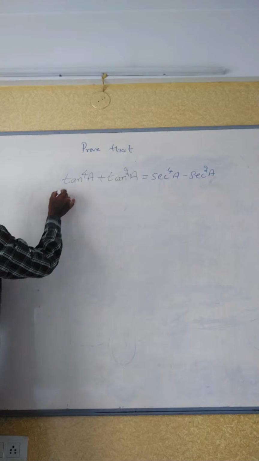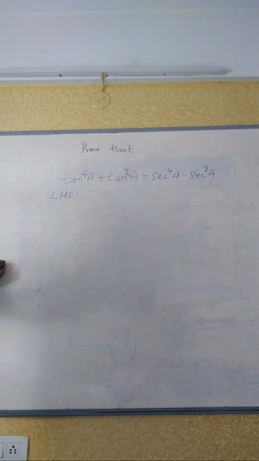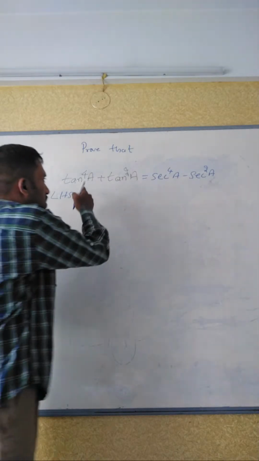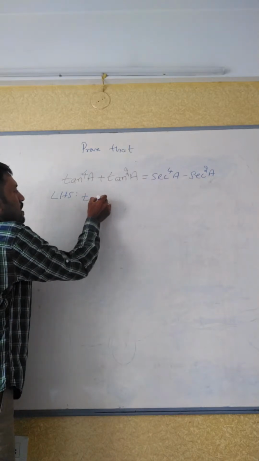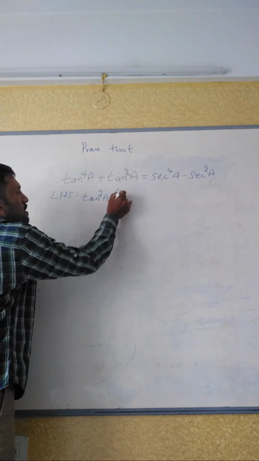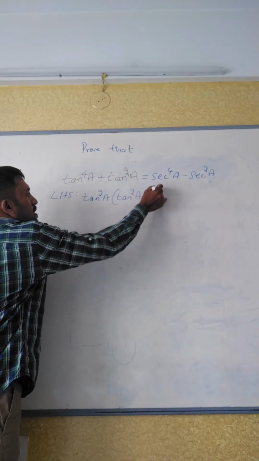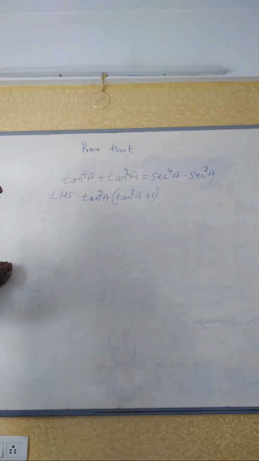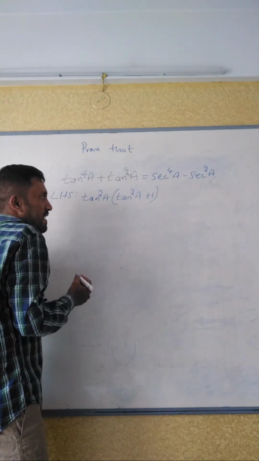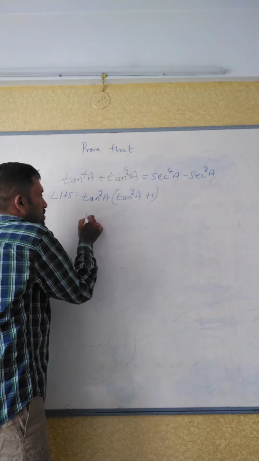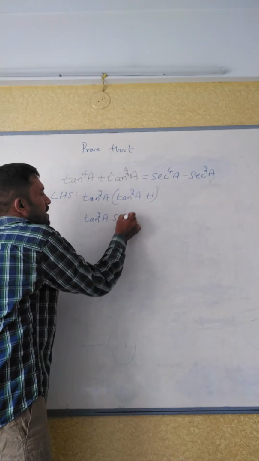Let us take the left hand side. I take tan square a common factor between the two terms. Tan square a common, tan square a plus 1. Now, tan square a plus 1 or 1 plus tan square a is the identity secant square a. So we get tan square a multiplied with secant square a.